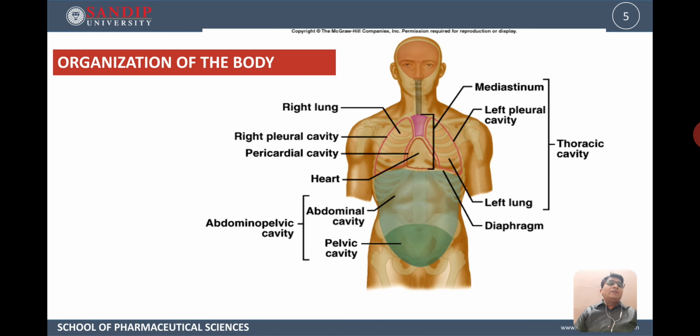Then the green coloration is the abdominal cavity and pelvic cavity. In this figure, near the heart and just above the abdominal cavity, there is a thin line. That thin line is known as the diaphragm.